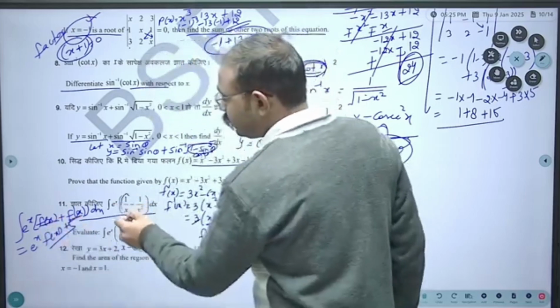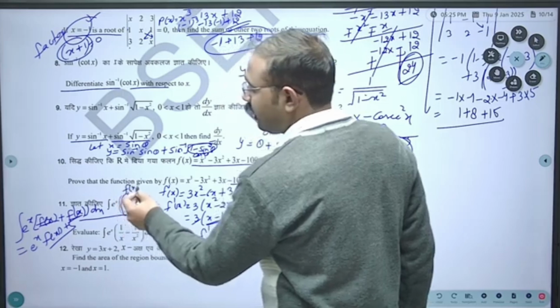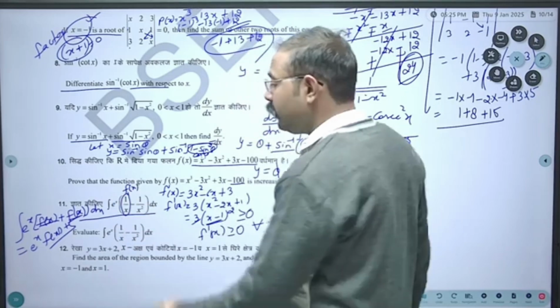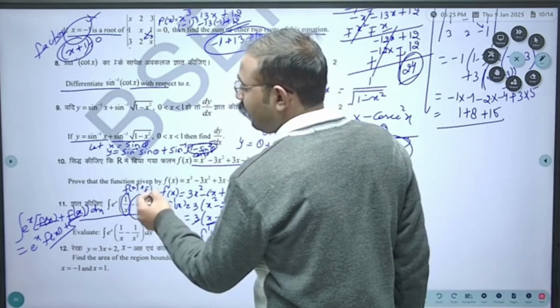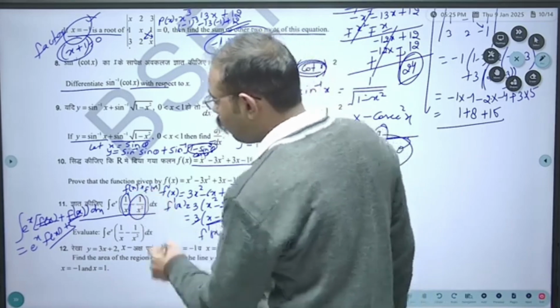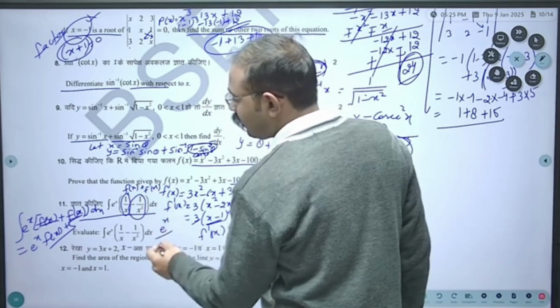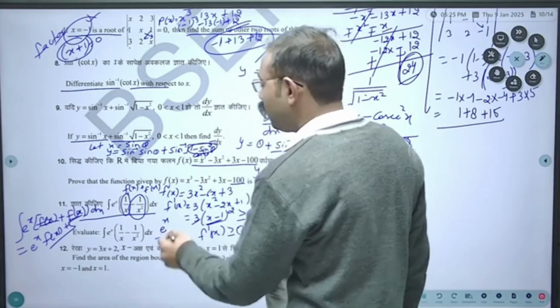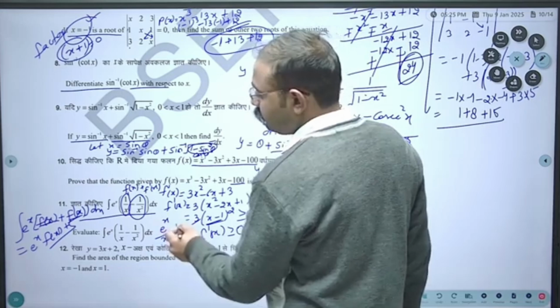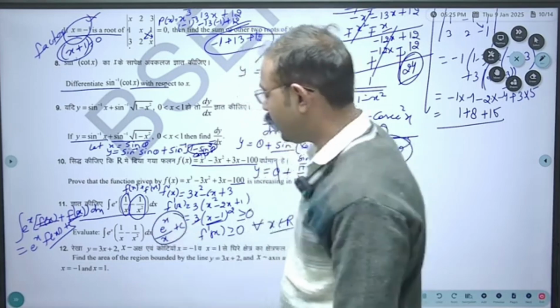Now 1 upon x is a function, let it be fx, and the derivative of 1 upon x will be minus 1 upon x square. So this is our f dash x, and its integration will be e raised to the power x into 1 upon x, or I can write x in the denominator of e raised to the power x, plus c. This is our answer.